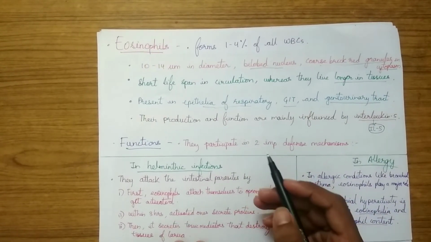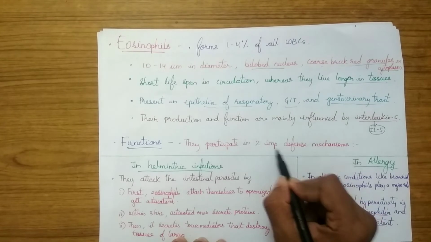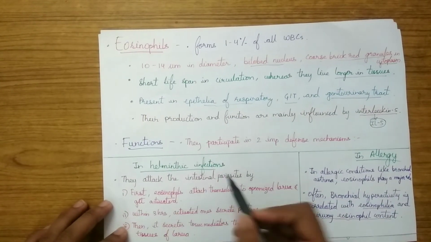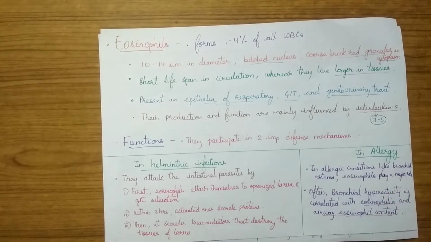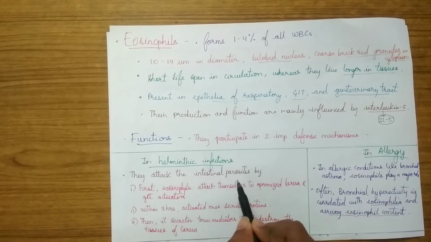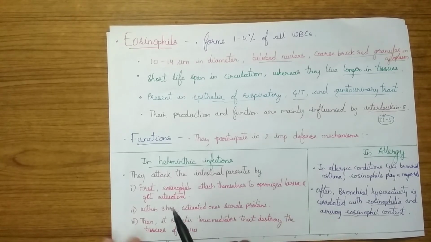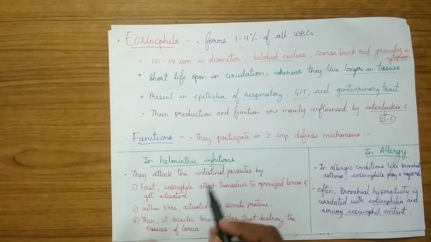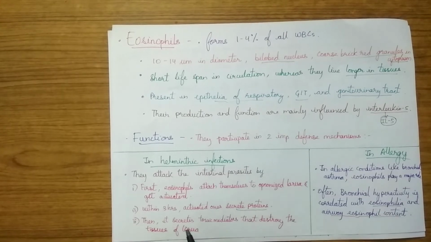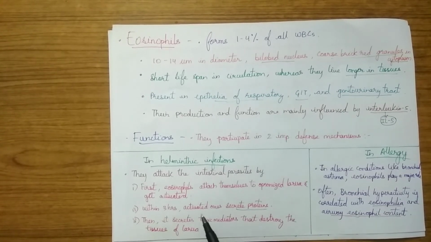Their functions: they participate in two important defense mechanisms, in helminthic infections and in allergic reactions. In helminthic infections, they attack the intestinal parasite: first the eosinophils attach themselves to the opsonized larva and get activated. Then within 3 hours, the activated ones secrete proteins and toxic mediators that destroy the tissues of the larva.